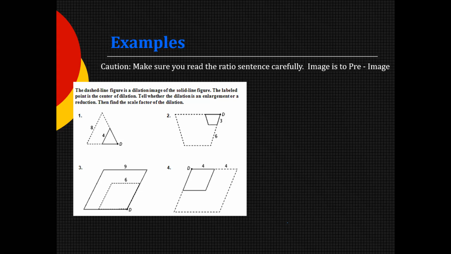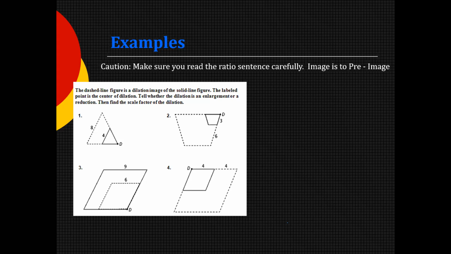Let's do example 2. Notice something before you start working. You are looking at the corresponding sides, here the 3 and the 6. But is 6 the whole length of the side of that image? No, miss.